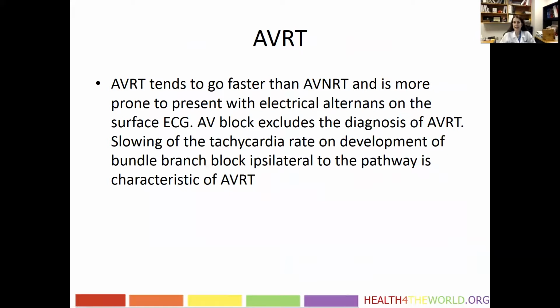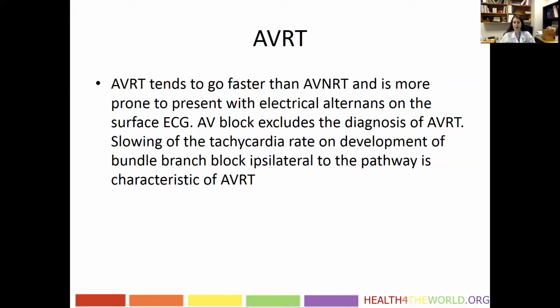The AVRT in general tends to go faster than AVNRT and is more prone to present with electrical alternans on the surface EKG, and I will show an example of that. When we have AV dissociation, atrioventricular dissociation, then by definition, this SVT cannot be an AVRT.